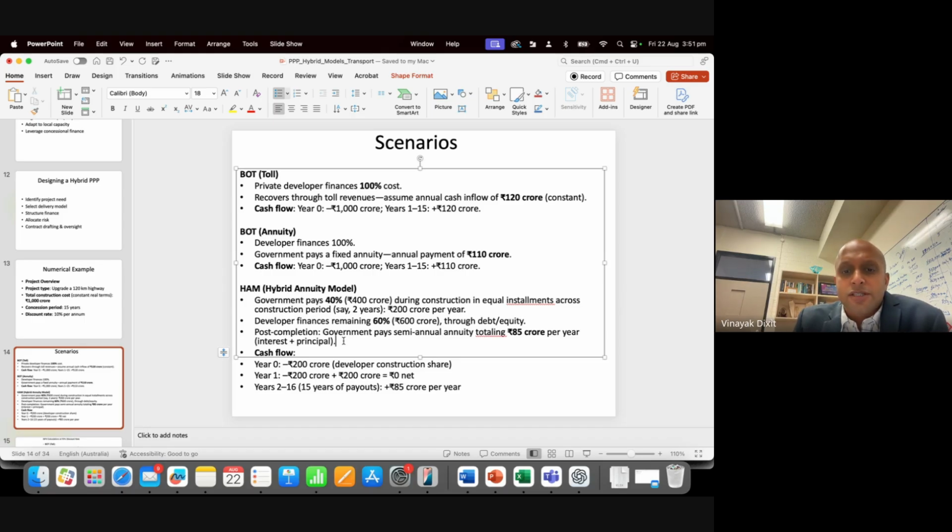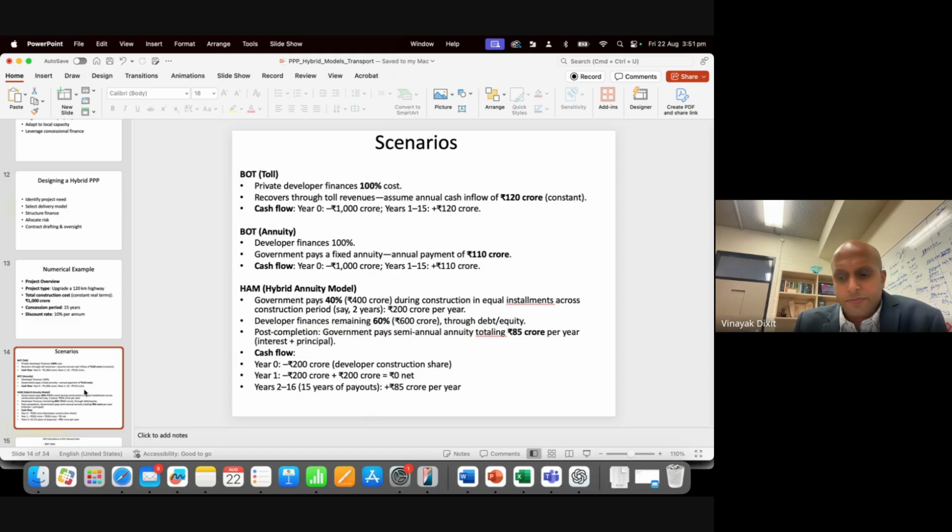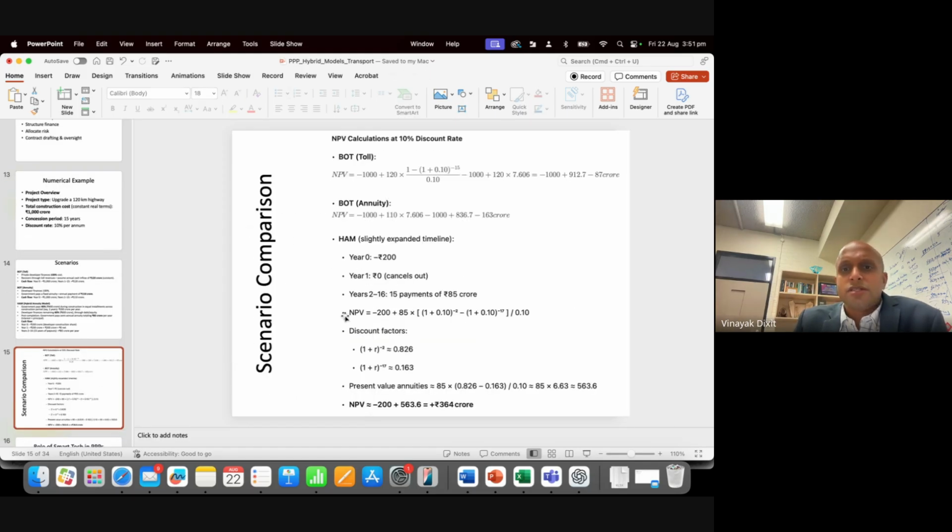And after completion, the government pays annuity payments of 85 crores per year. So you have minus 200 plus 200, and we'll talk about this. And in the next years, 2 to 16, you're going to get 85 crores per year. So this is just going through an example.